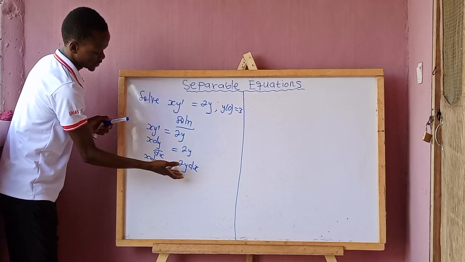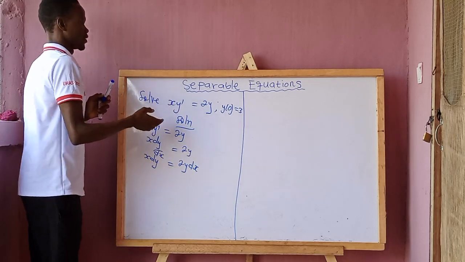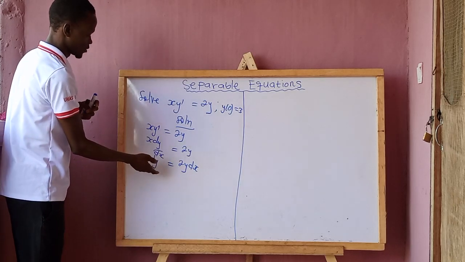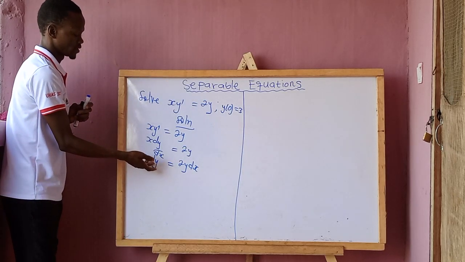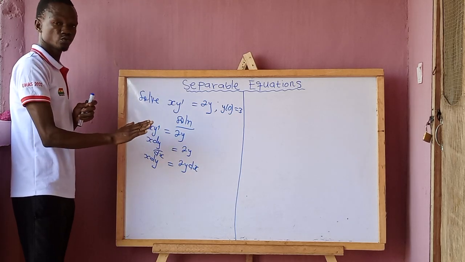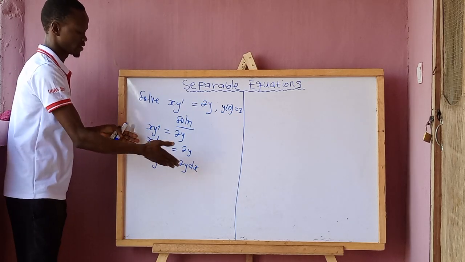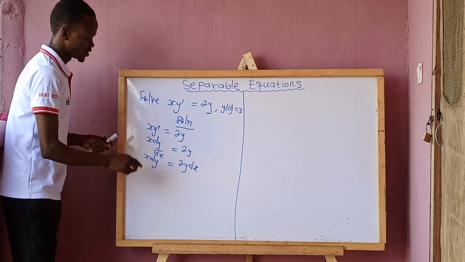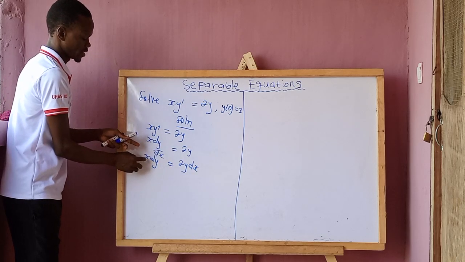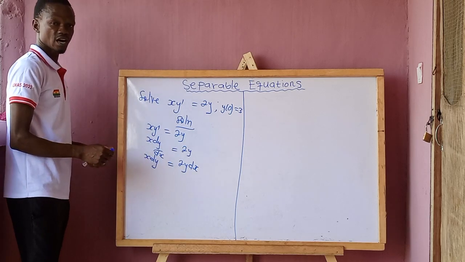Now, when you study this equation, you would notice that we have the x variable combined with y here, and the y variable combined with x here. That is not too good for us. So we still need to separate the variables. That means we send the y to this side and the x to that side.